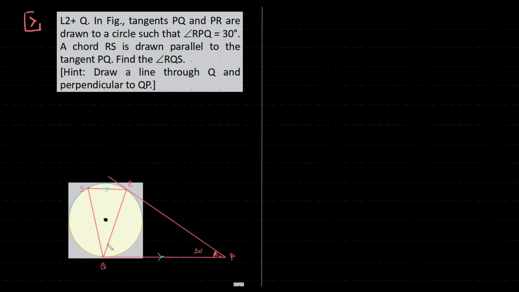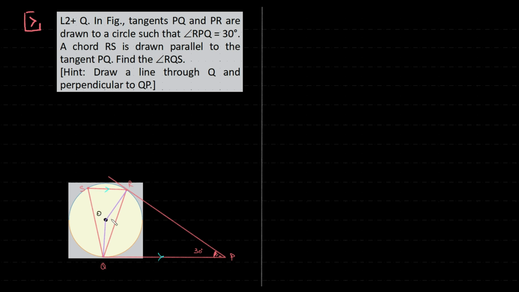Okay, so there's a hint. We need to draw a line through Q, perpendicular to this line, from the radius, joining O. So we're joining this and we'll join this also. See, by default, what do we have?